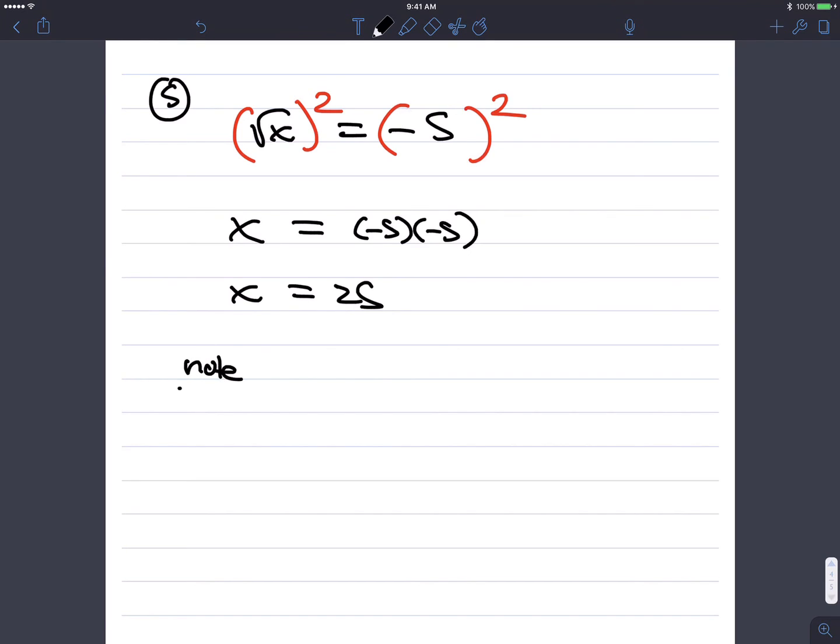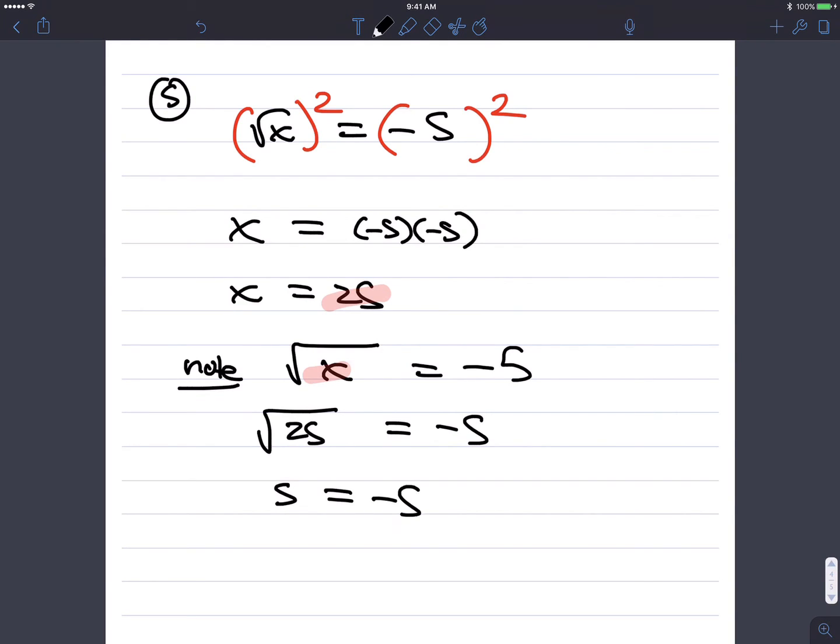Let's note, the square root of x is supposed to be negative 5, and in this case x gets replaced with 25. So the square root of 25 is actually positive 5. This is a false statement.